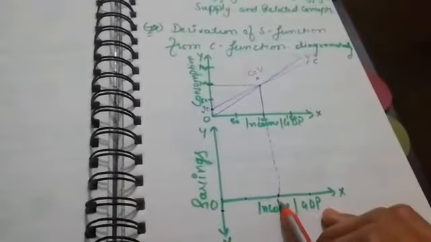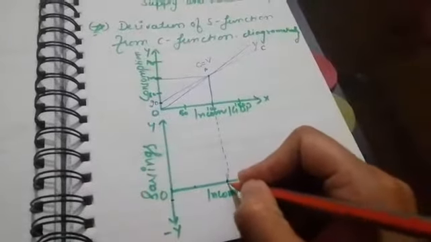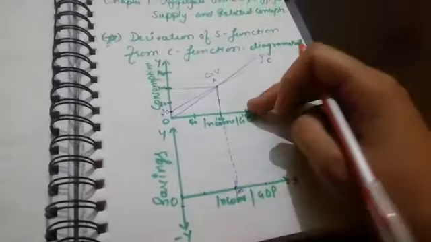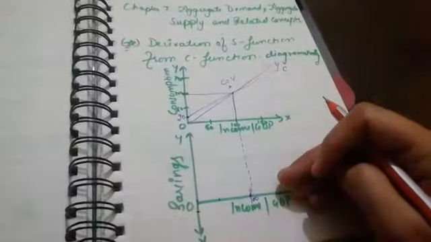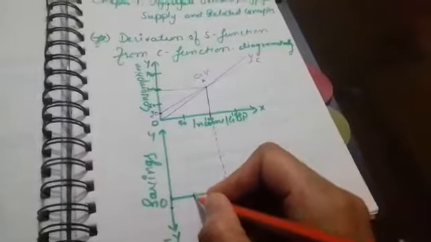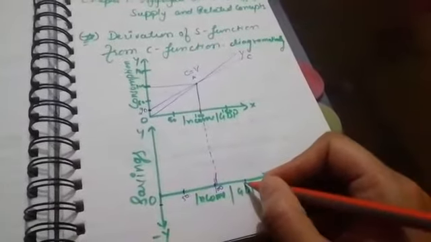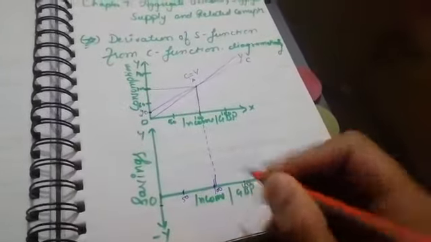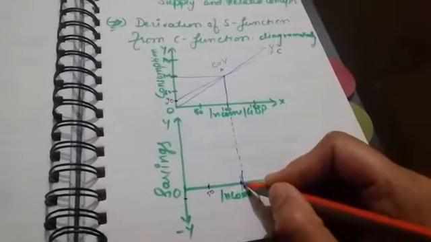This point will be 100 because we have drawn it just beneath this curve. Similarly, here we will draw 50, 100 and 150 representing income. So this is the first point that we got for making the saving line.